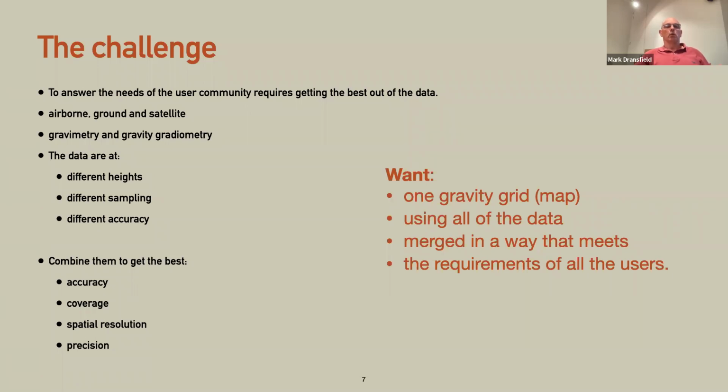And somehow what we would like to do is combine them to get the best accuracy, the best coverage, the best spatial resolution, the best precision over the whole continent. We want, well, I don't know for sure what you want, but I think you ought to want what I want, which is one gravity grid using all of the data merged in a way that meets the requirements of all the users.